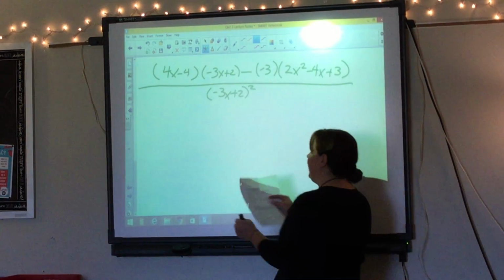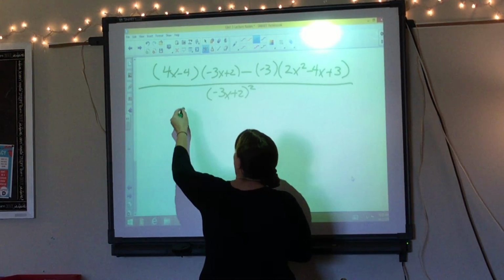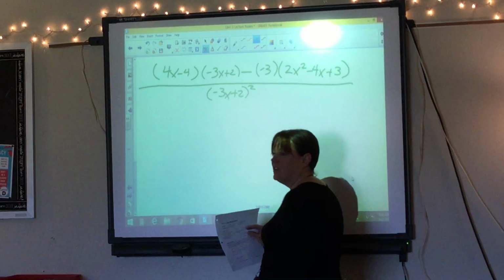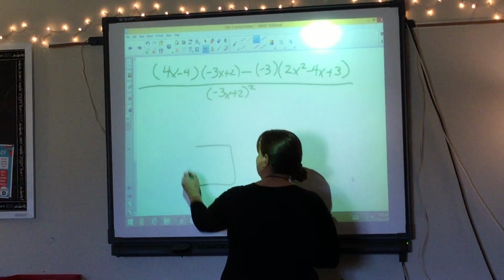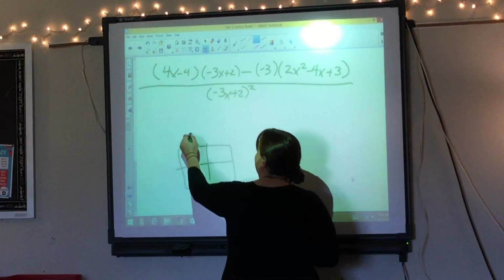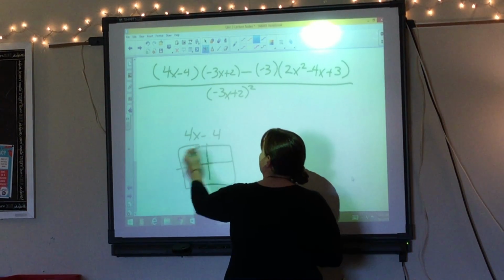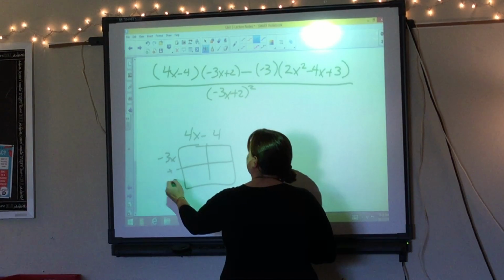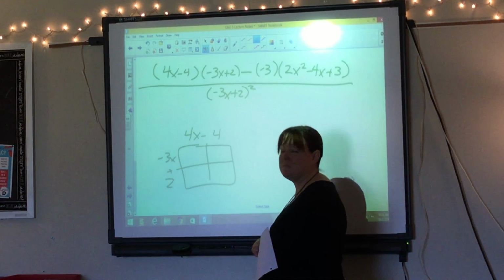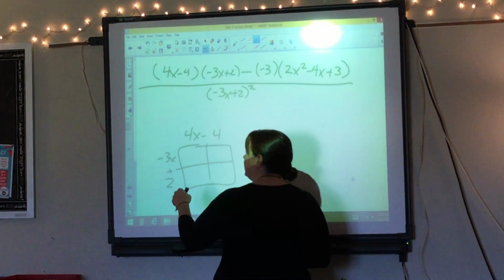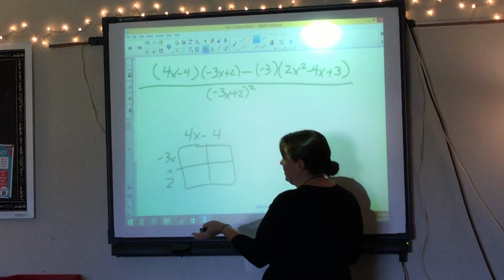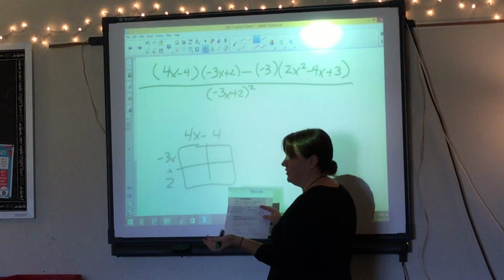So then it's just a ridiculous amount of algebra. Do you guys remember FOIL? Did you ever do the box method? If I had 4x minus 4 and negative 3x plus 2, sometimes this helps me organize my thoughts because with FOIL I sometimes get lost in which ones I'm doing. It seems a little elementary, but it's FOIL just in a different way.